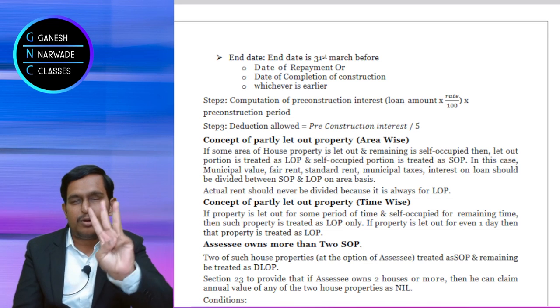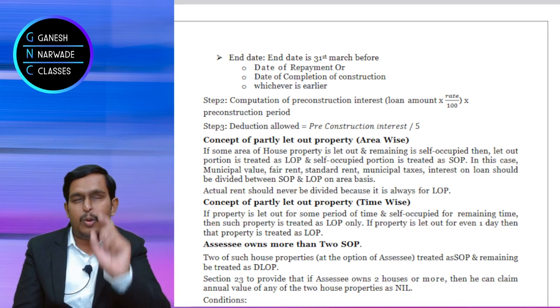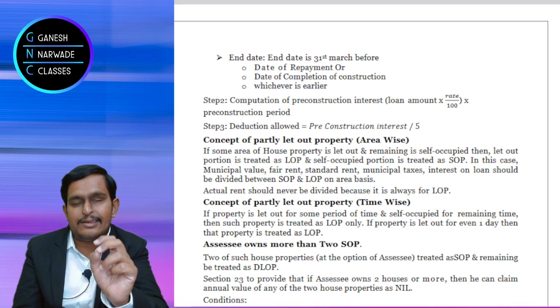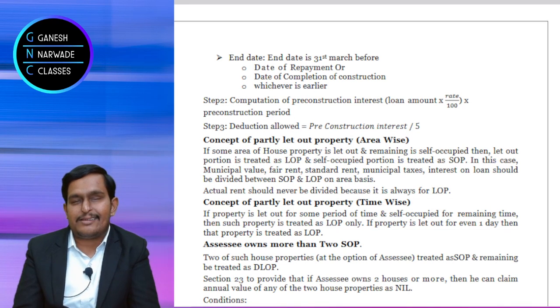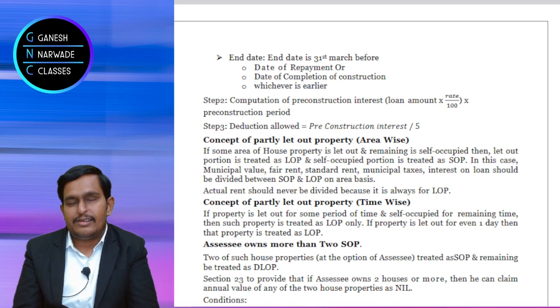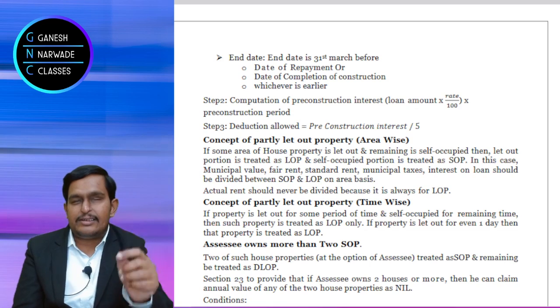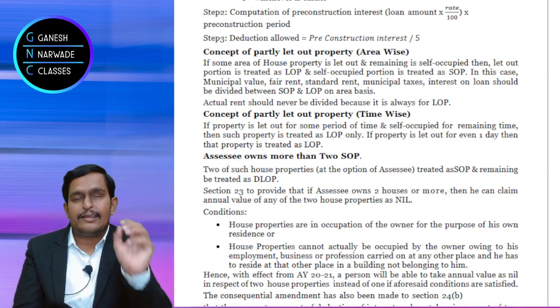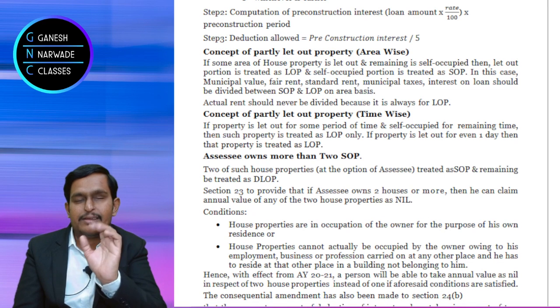So I said three portions are there, two portions are let out, so only 2/3 will be allowed as deduction for municipal tax respectively. Interest on loan also the same. If they gave fair rent, municipal rent for the whole building, then you only consider the let out proportion for computing the GAV.